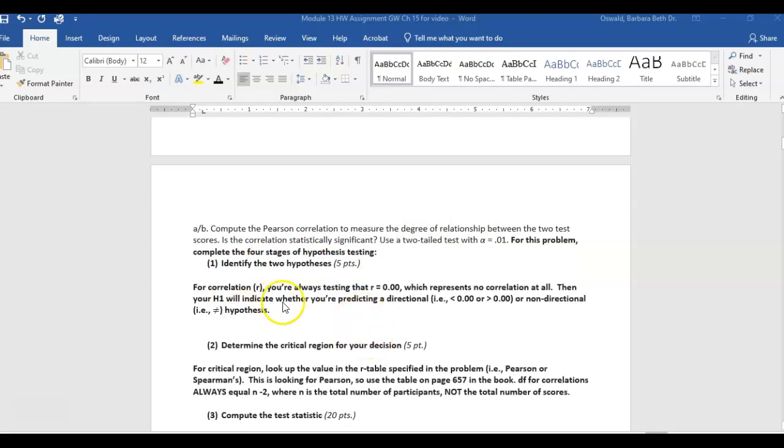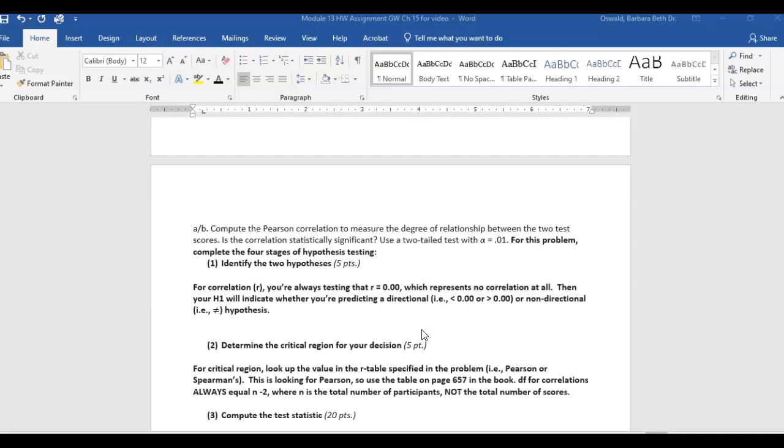The trick here is to remember that for correlation, we're always testing that the correlation equals 0, meaning that there's no correlation at all. So the null hypothesis should always be that R equals 0.